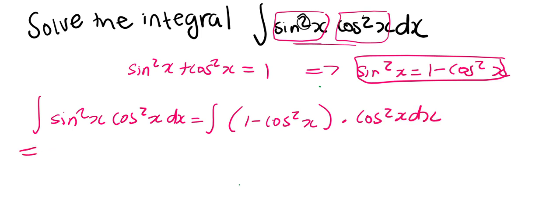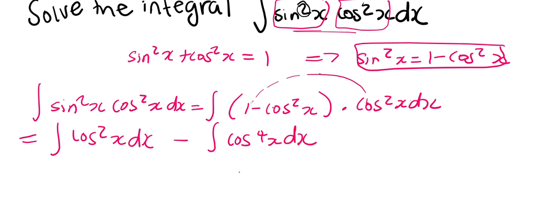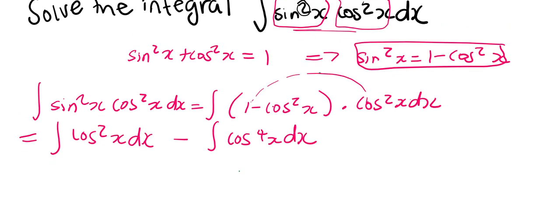So let's simplify that by multiplying this inside like that and this there. This will then be equal to the integral of cos squared x dx minus the integral of cos to the power of 4 x dx. Now when you are here, do you see this is different?